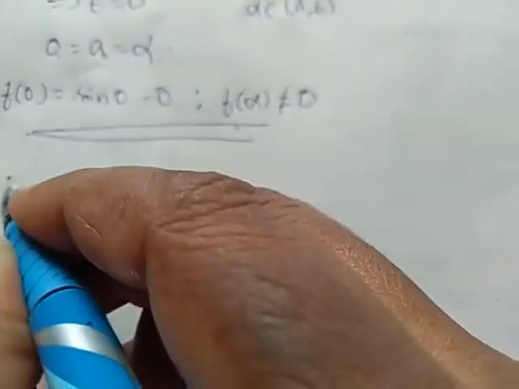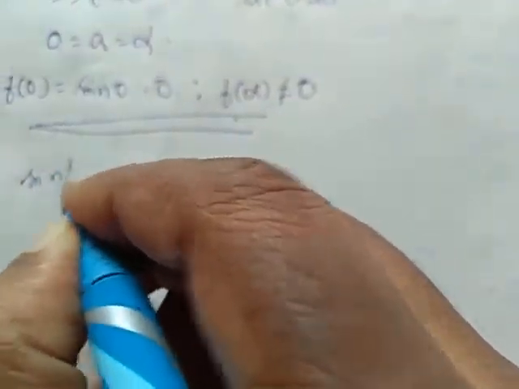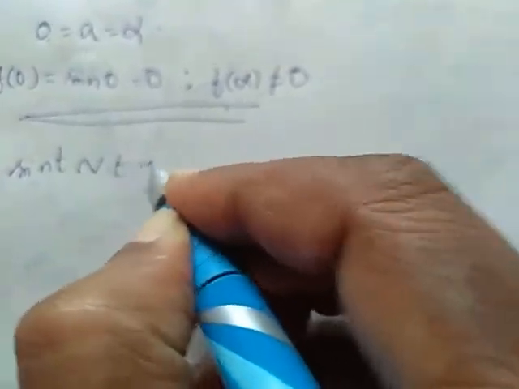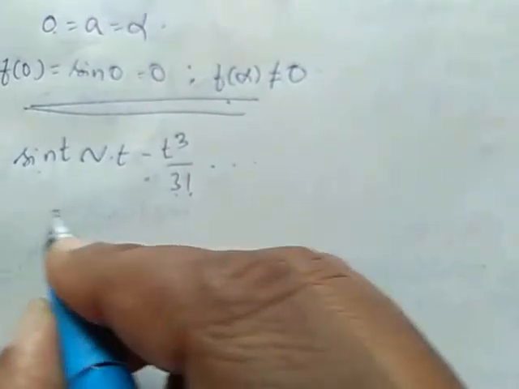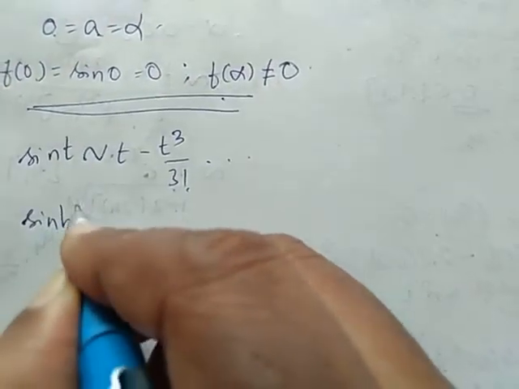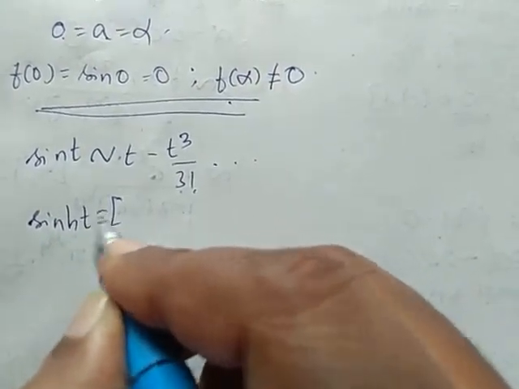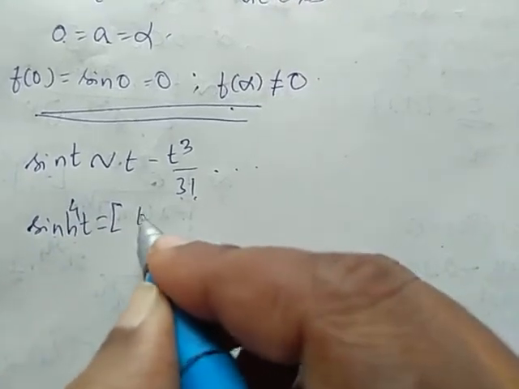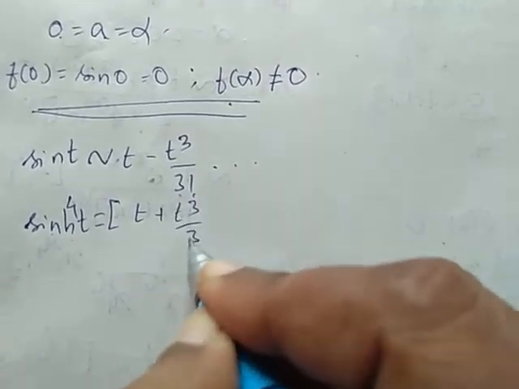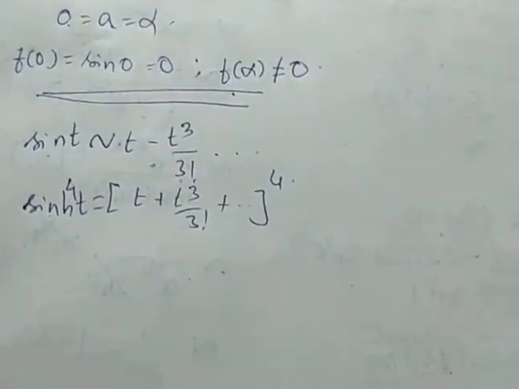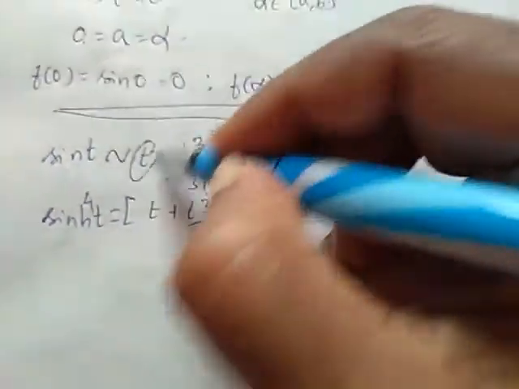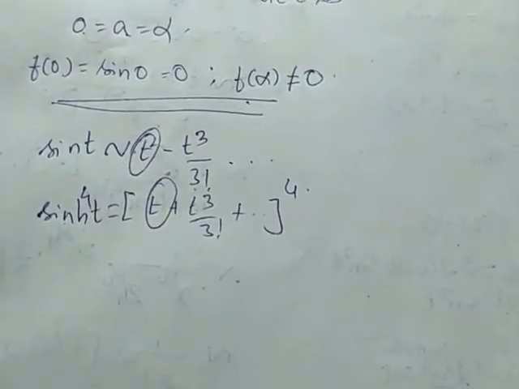So using the Taylor series expansion, sin t is approximately t minus t cube by 3 factorial, etc. sinh t is t plus t cube by 3 factorial, etc., to the power 4. We are considering only the leading order term, so only t and t here.